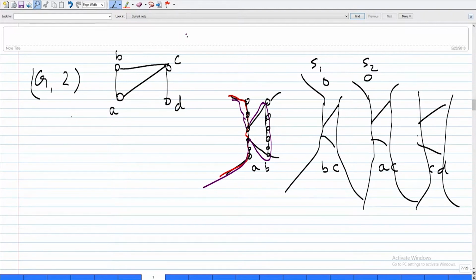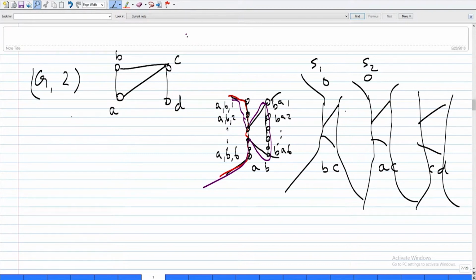Now I have to tell you how the edges between S1 and S2 are and how these are connected. The way I'm going to label them is AB1, AB2, up to AB6, and this would be BA1, BA2, up to BA6. Similarly, this would be BC1 and this will be CB1 to CB6, and this is how the vertices are labeled.